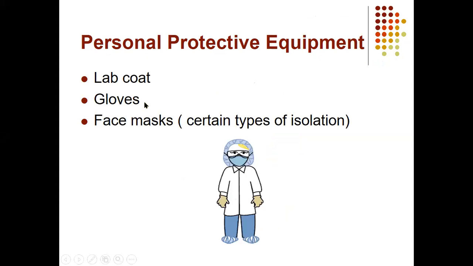Lab coat, gloves, face masks, and a certain isolation distance should be maintained. Simple influenza virus can be transmitted from the patient to the phlebotomist or from the phlebotomist to the patient. If the patient is immunocompromised, he may get infection from the phlebotomist. So these types of things you must keep in mind.